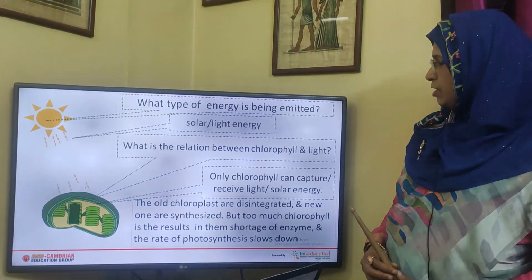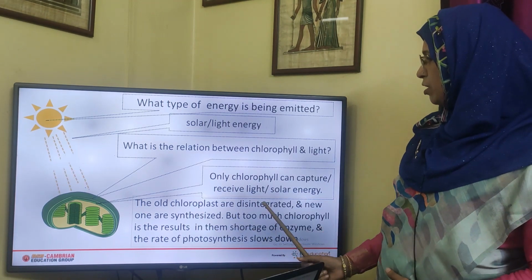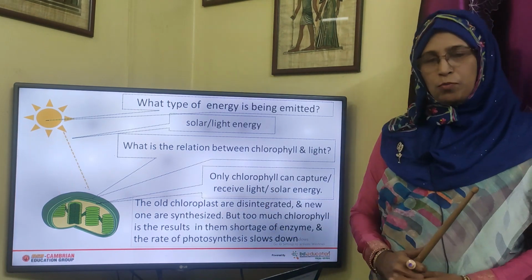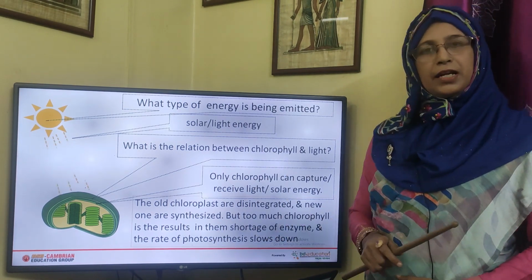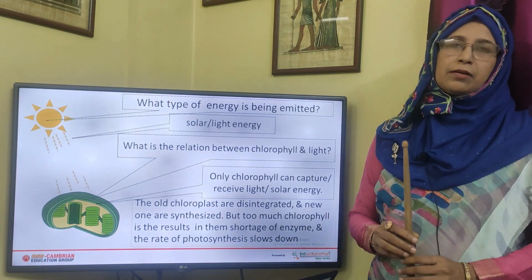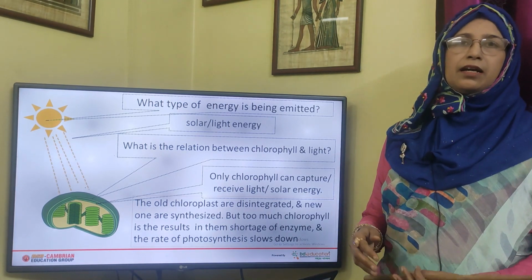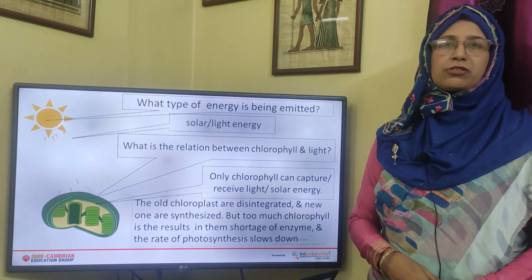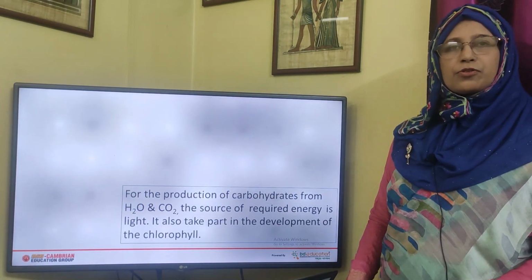And you know that the old chloroplasts are always disintegrated and new ones are synthesized, but if there is a shortage of enzyme, the percentage of chlorophyll also decreases, and then the rate of photosynthesis decreases or slows down.